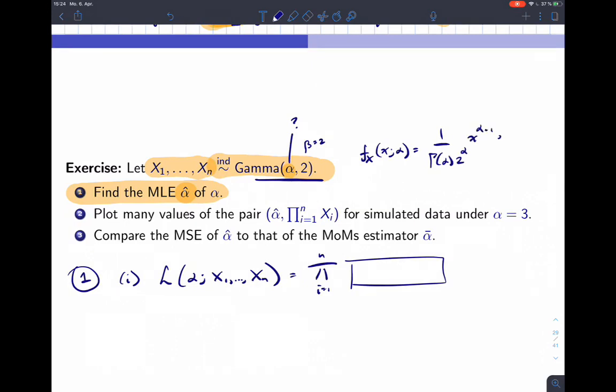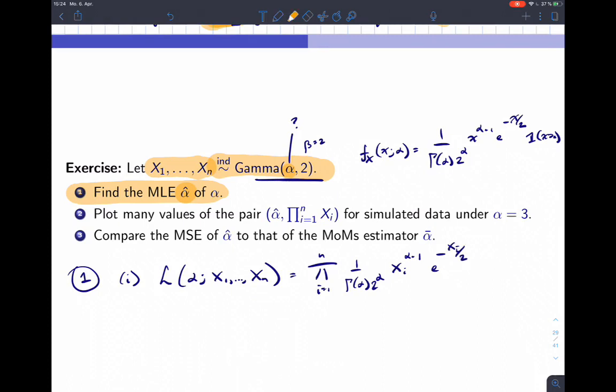This is for alpha greater than 0. Now what goes here is basically this thing, but I plug in xi. So I've got 1 over gamma function of alpha, 2 raised to the power alpha, xi to the alpha minus 1, e to the minus xi over 2.